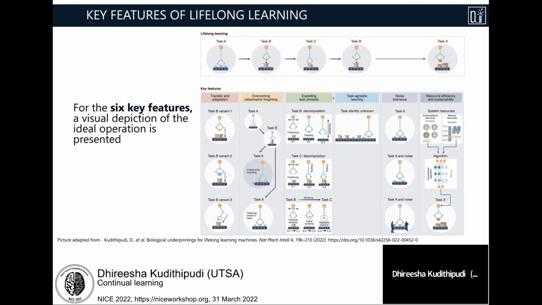And the next one is task agnostic learning, in which the agent has the ability to solve a problem without being aware of when the task switches are happening. So in this example again, the gripping action that it learned during task B training is applicable in the current scenario as well.